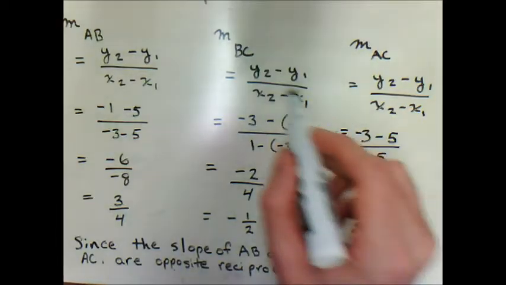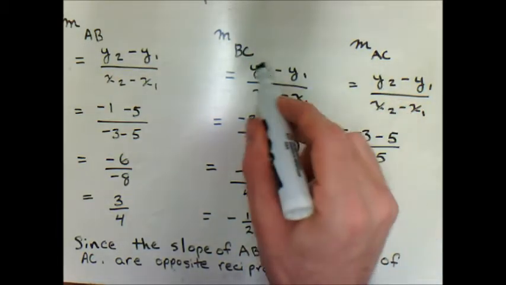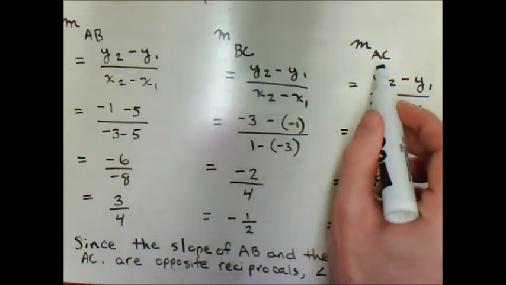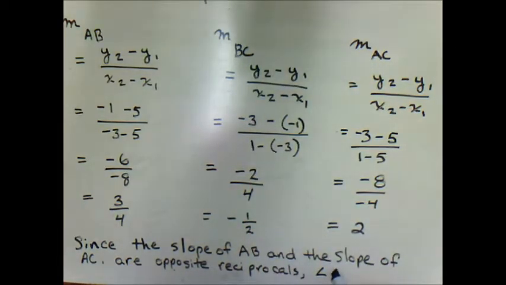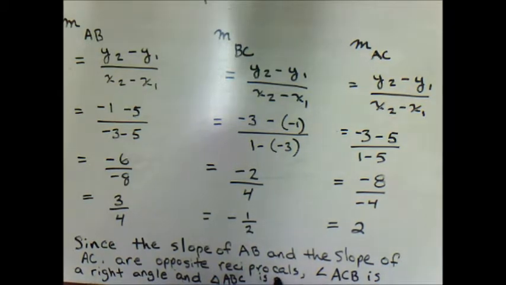Angle C is our right angle because that's the point that's in common between these two line segments. So angle ACB is a right angle, and triangle ABC is a right triangle.